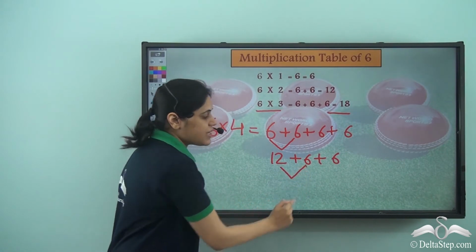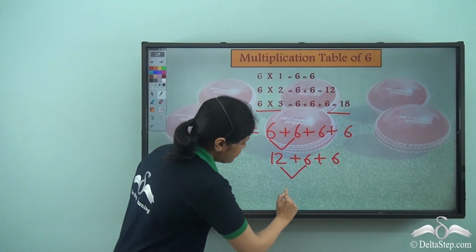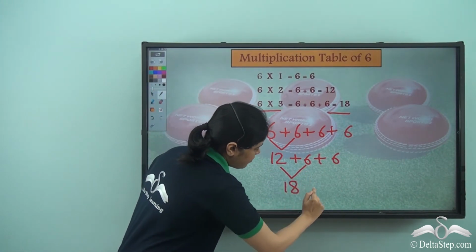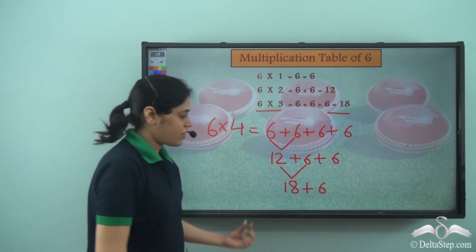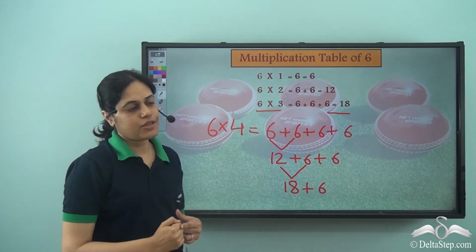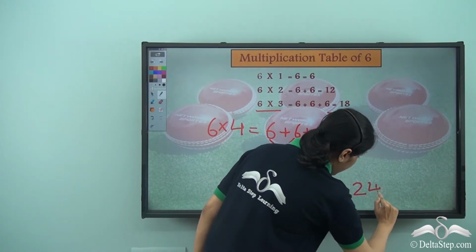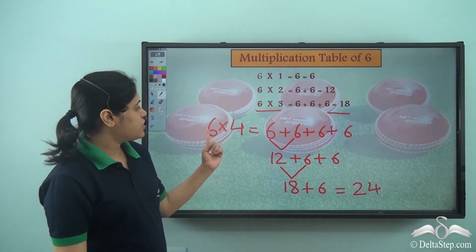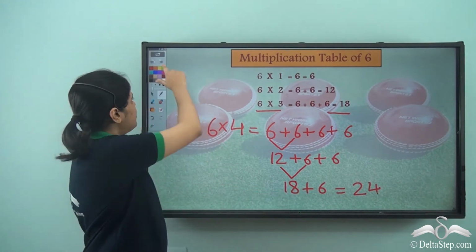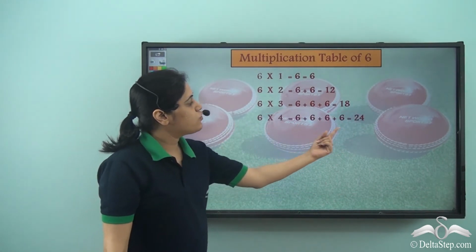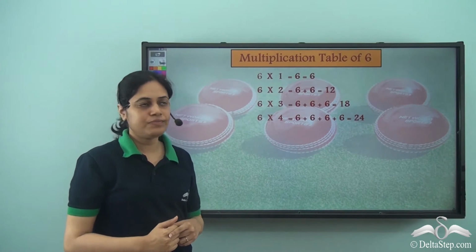What is 12 plus 6? 18. So 18, and I have a plus 6. What is 18 plus 6? 24. So 6 into 4 is 24.